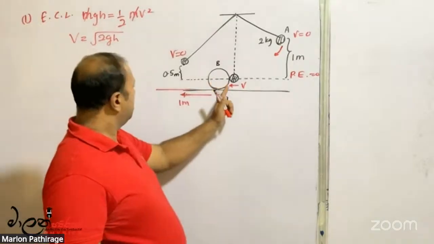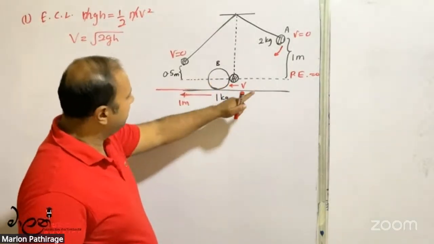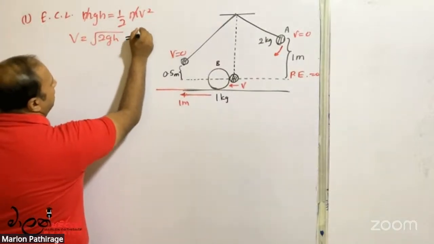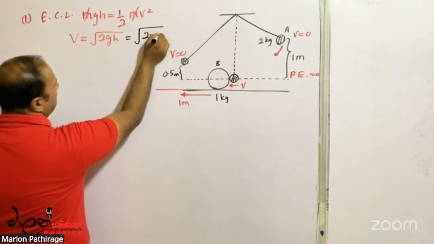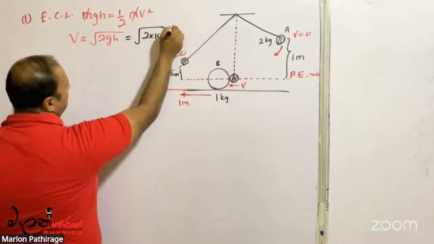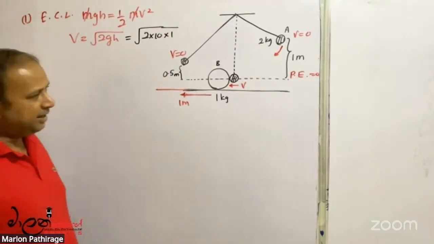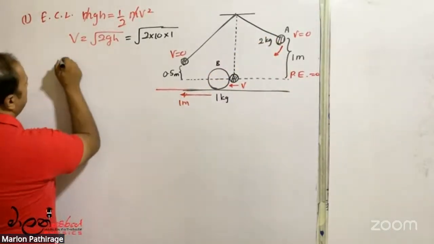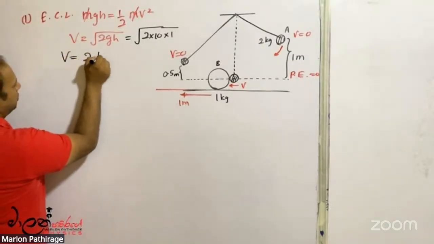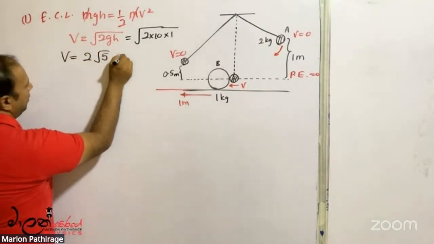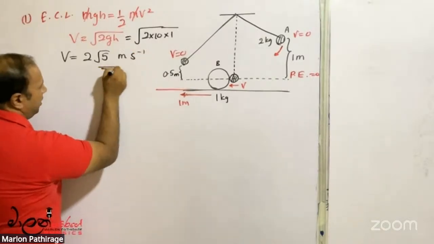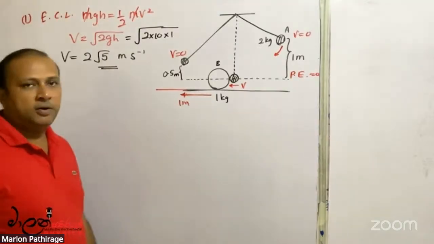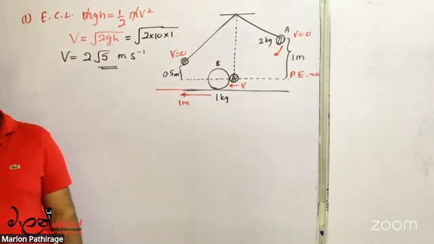Now g is 10, and h is 1 meter. Therefore, square root of 2 times 10 times 1. Vertical height is 1. Therefore, root 20, which means v is equal to 2 root 5 m/s, or square root 20.